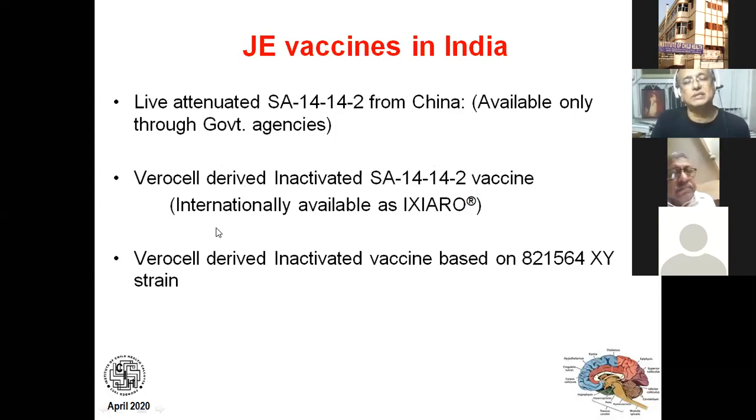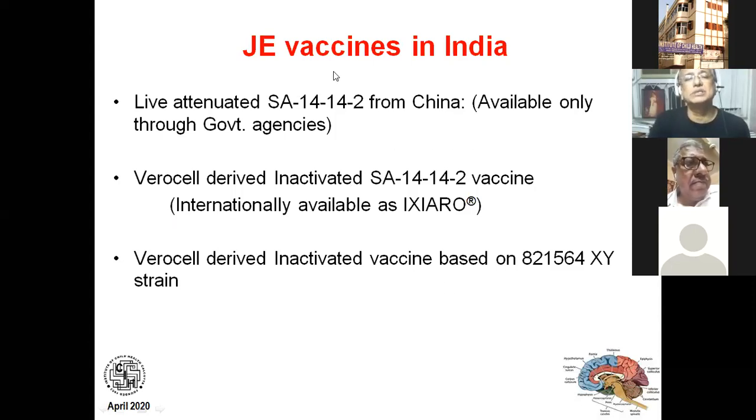Another vaccine is developed by isolating the Japanese encephalitis virus from an Indian patient in Kolar district of Karnataka. This virus was isolated and developed in the National Institute of Virology in Pune. Again, this virus was grown in the kidney cells of the vervet monkey, and it was inactivated or killed by adding formaldehyde. So these are the 3 vaccines we have in our country.